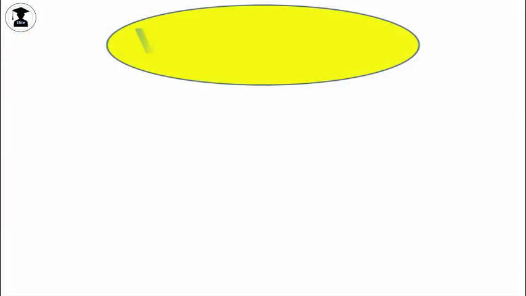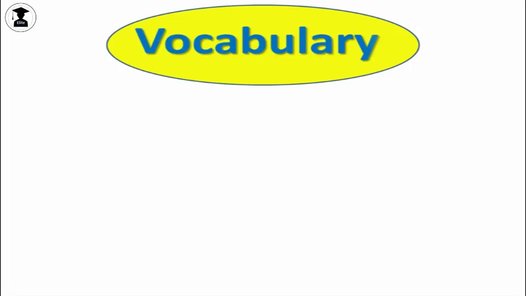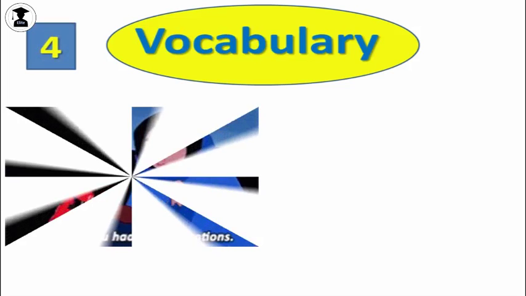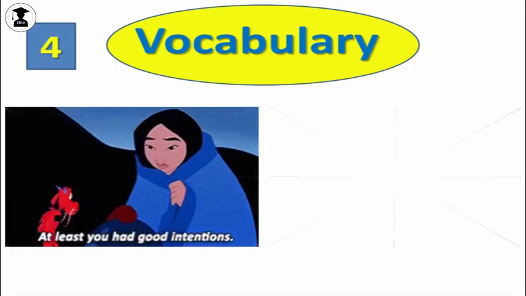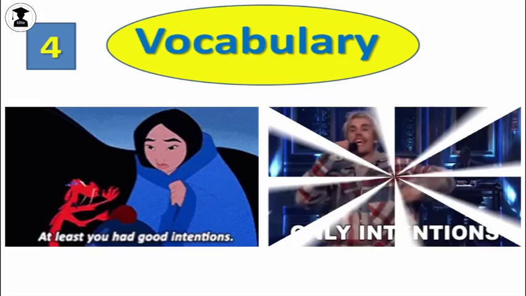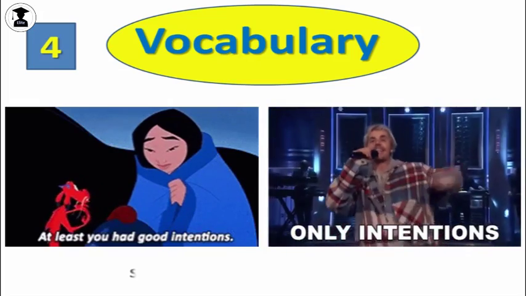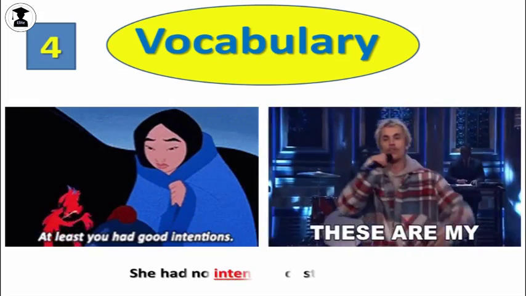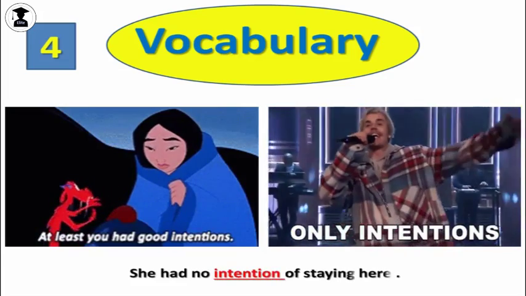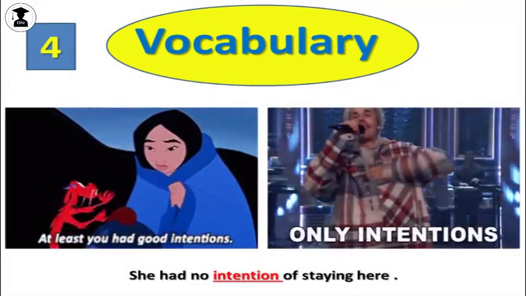The fourth word of today is intentions. Intentions. As you can see, this cute girl in the photo has good intentions. And our sentence says, she had no intention of staying here.